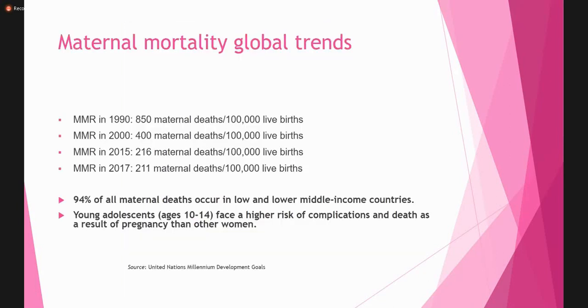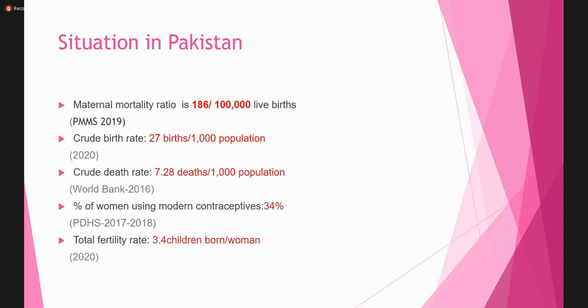Then the maternal mortality, how the Safe Motherhood Initiative has led to the decrease in this, and mainly the maternal deaths occur in low and lower middle income countries. And in Pakistan, the statistics are about 186 per 1,000 live births.